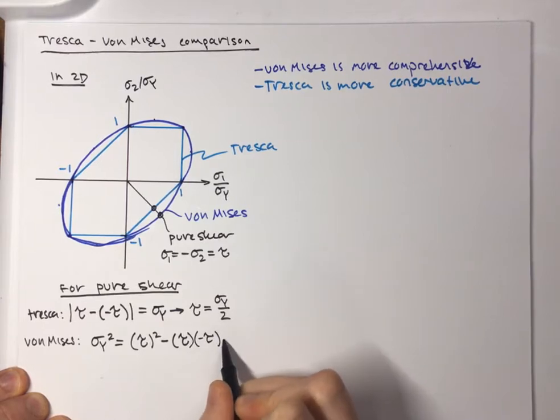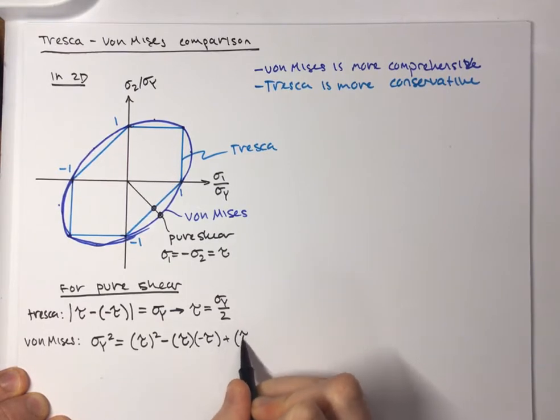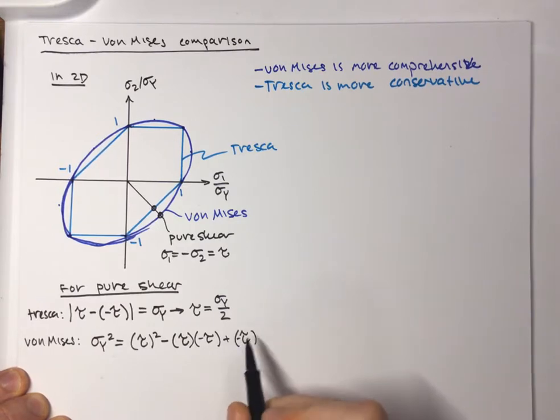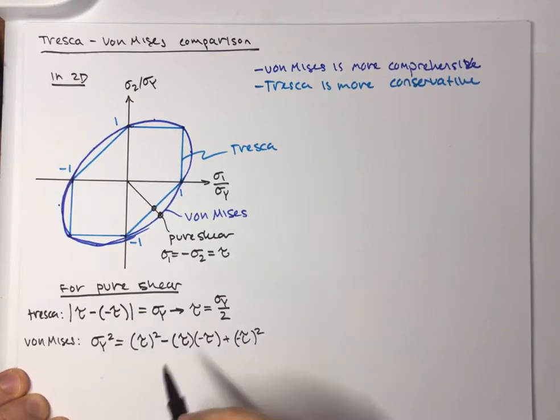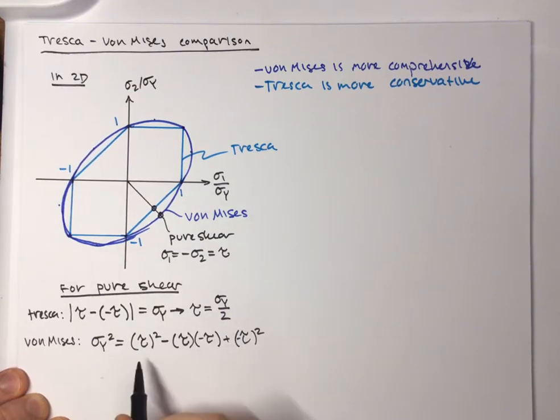And then we're going to have plus tau, sigma 2 squared. So that's going to be negative tau squared. And if you put all that together, this ends up giving you 3 tau squared at the end of it. So we would get that tau is equal to sigma y divided by the square root of 3.